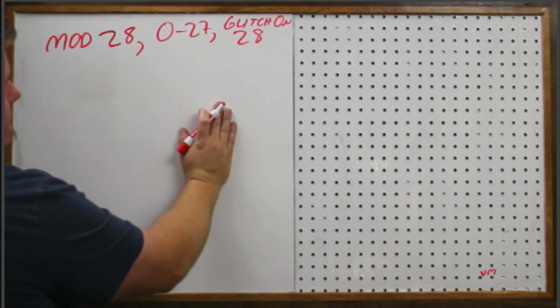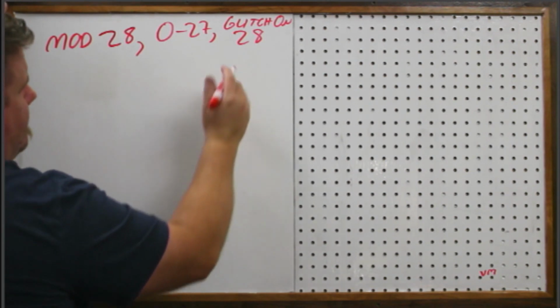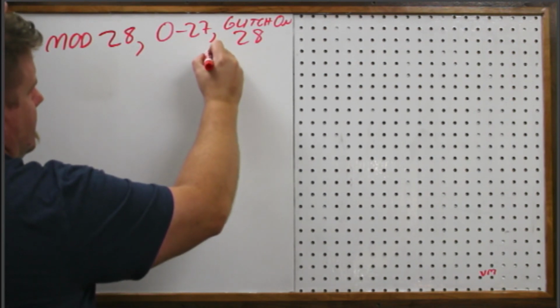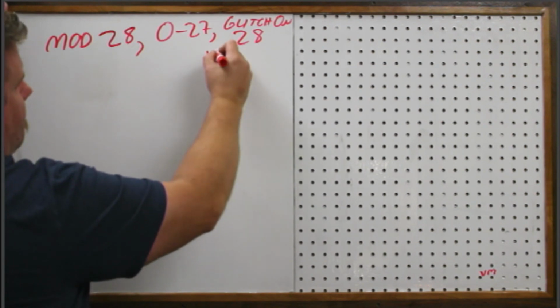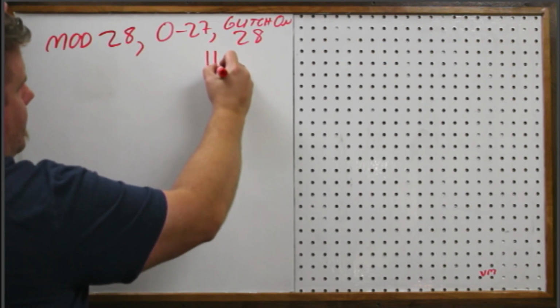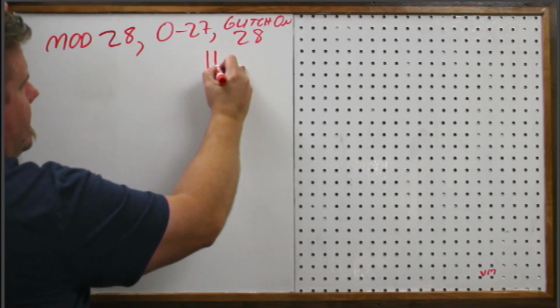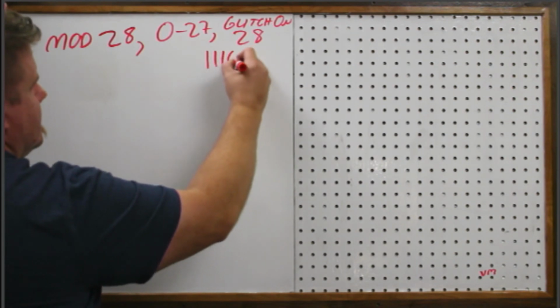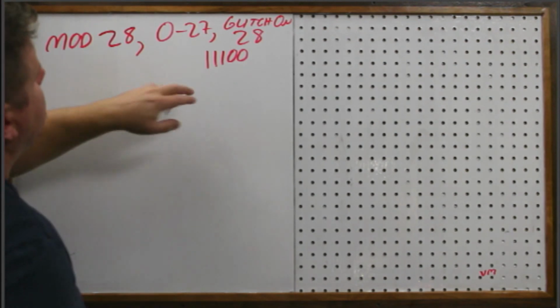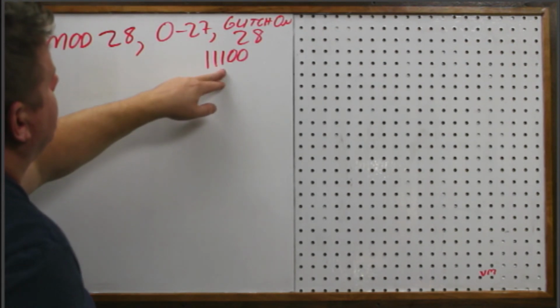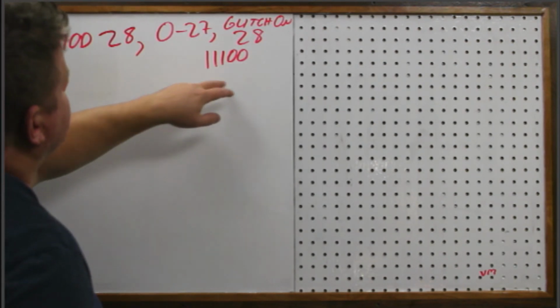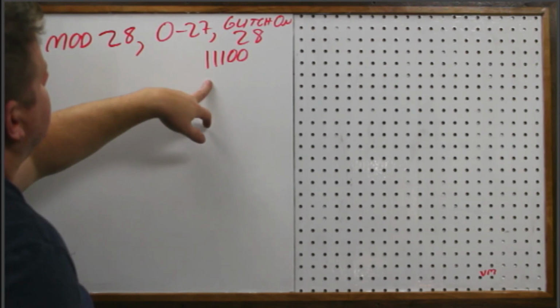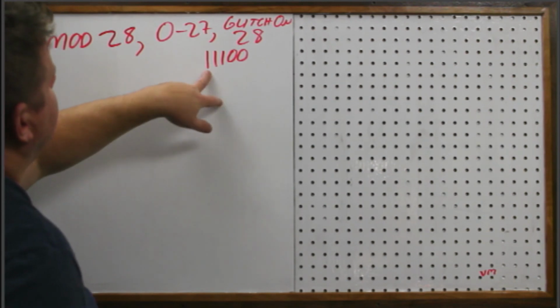All right. Well, let me think about this. There's going to be 16 plus 8 is 24. Plus 4 is 28. I think that's it. 16 plus 8 plus 4, because that would be 2 and 1. So 16 plus 8 plus 4. Is that right? 28? Yeah, that's right.